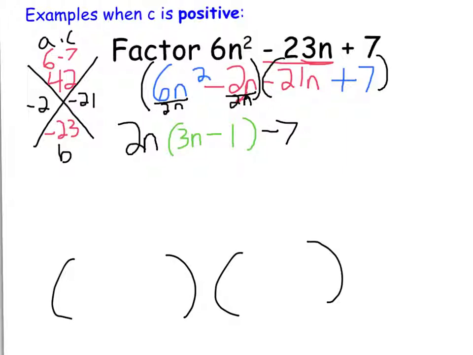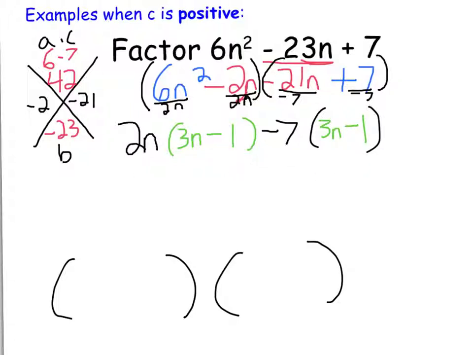And I'll show you why. If I divide negative 21n by negative 7, I get a positive 3n. Hey, it matches this. And if I do a positive 7 divided by a negative 7, I get a negative 1, and hey, it matches this.